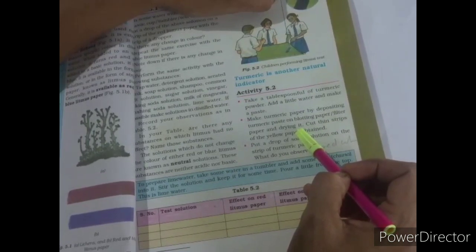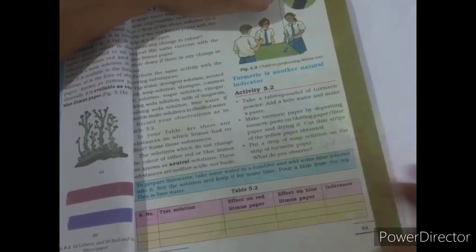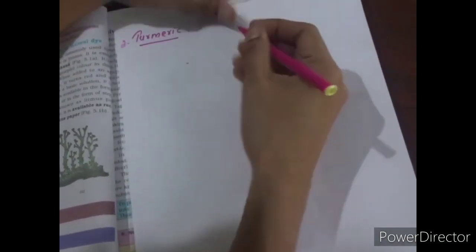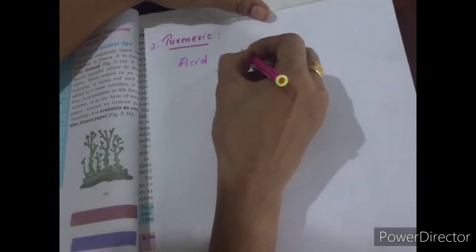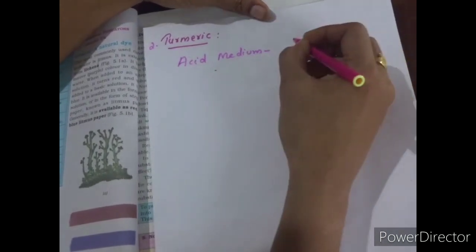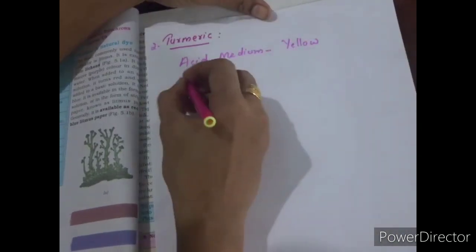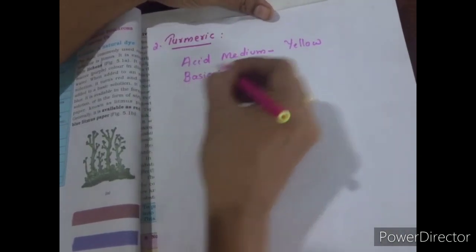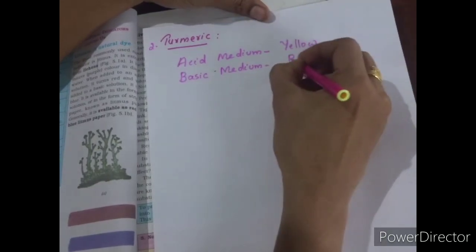Now, how can we test with the turmeric paper? What is the color change? In acid medium, turmeric has got a yellow color, and in basic medium, turmeric shows red color.